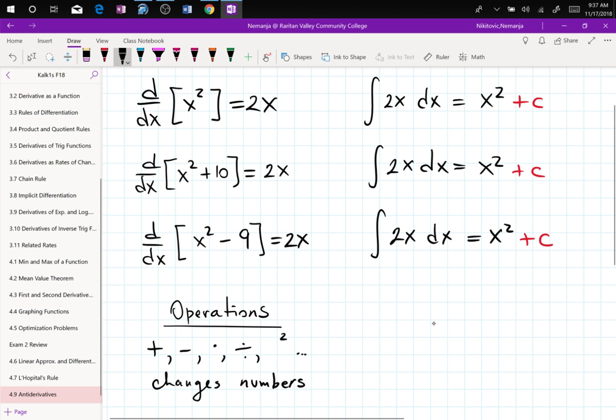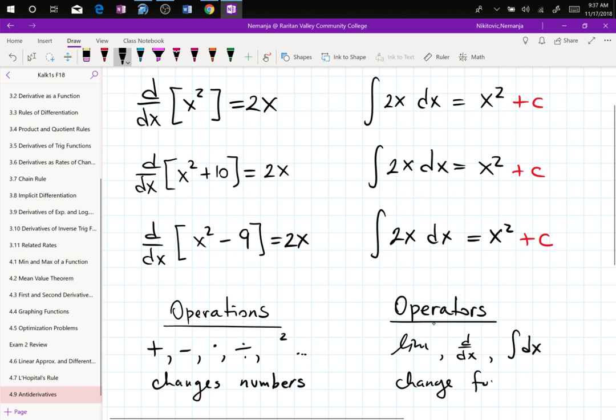And then you have the world of operators. And those would be limit, derivative, and integral. What they do is they change functions. Now, obviously, these are not exhaustive lists. These are just examples. There is much more to both of these lists than what I wrote.